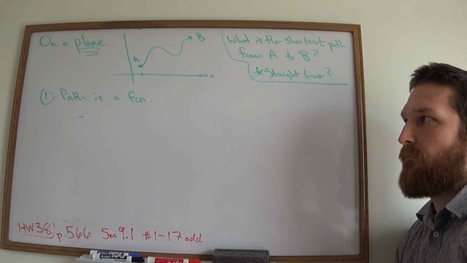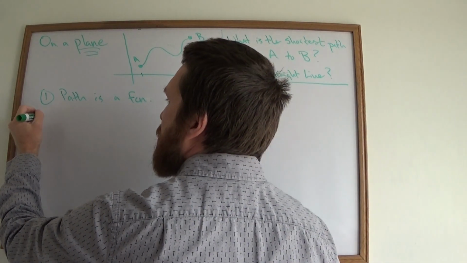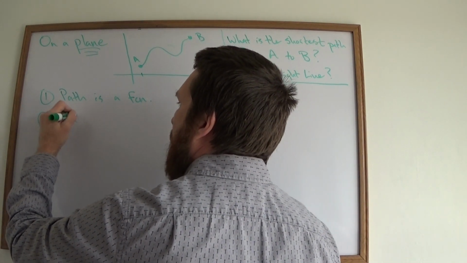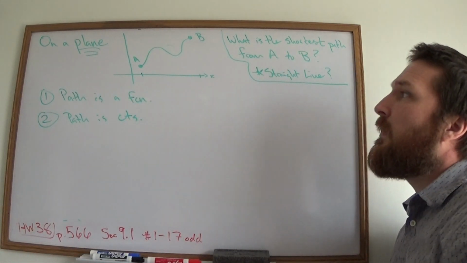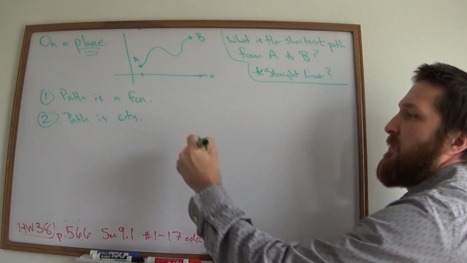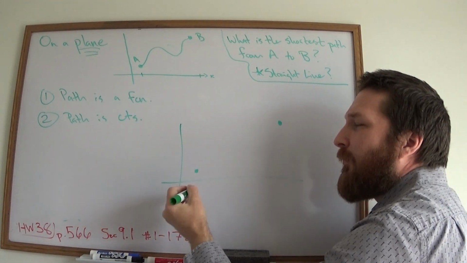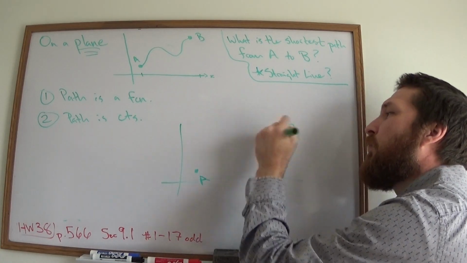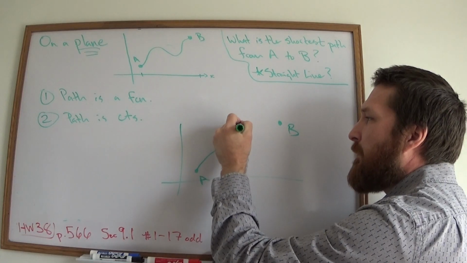Okay, that's reasonable. Now, I'm also going to assume that the path is continuous. Why? Because you can't disappear and reappear somewhere else. In the real world, we're talking about walking from A to B. You can't just magically pop up here.